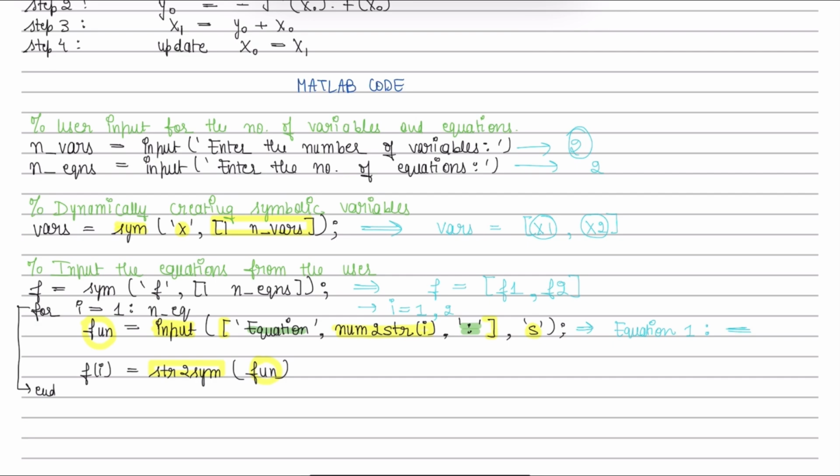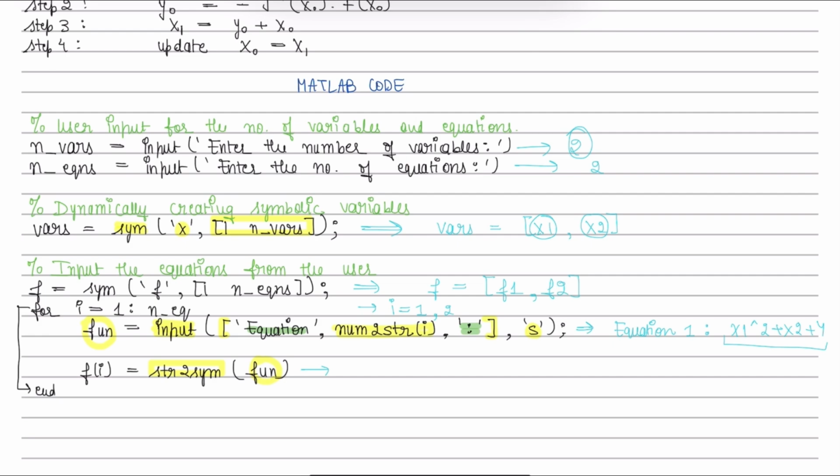For example, if we have entered the equation number 1 as x1 to the power 2 plus x2 plus 4, in this statement it will be treated as string, but when we will go to this statement, this will convert this equation 1 into the algebraic form rather than the string form.